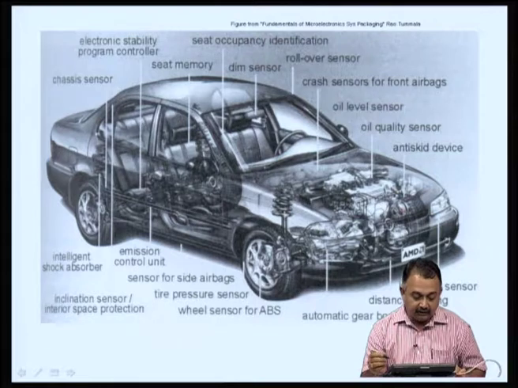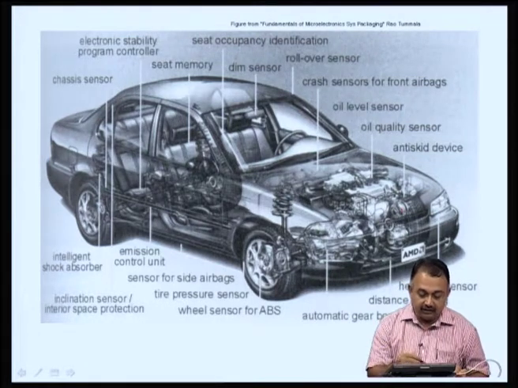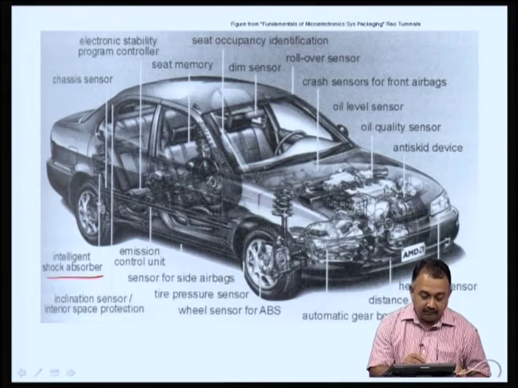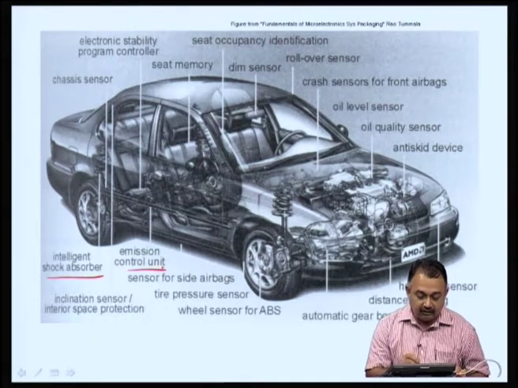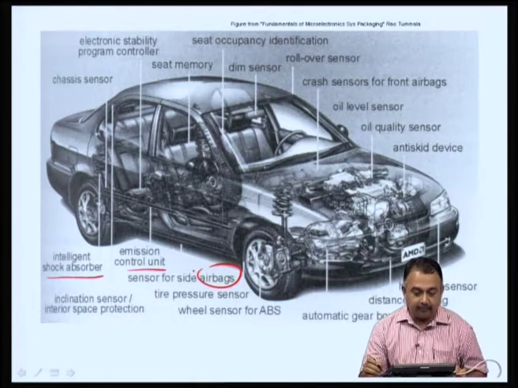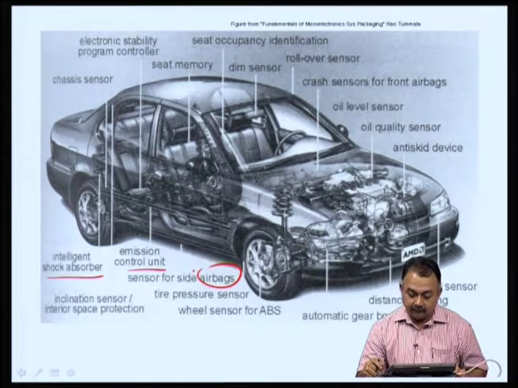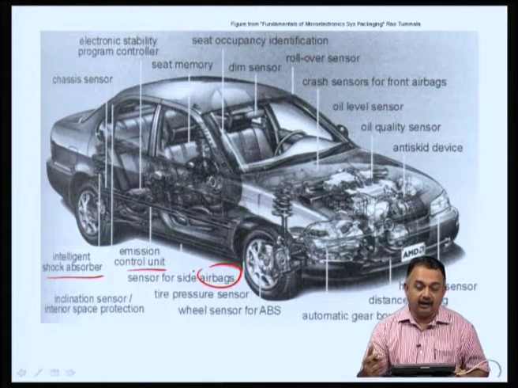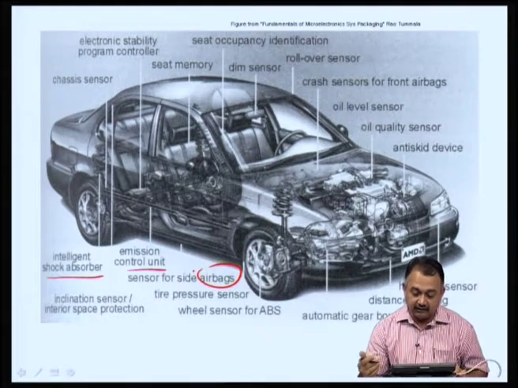For example, you can see information that needs to be displayed on the dashboard about the shock absorber, about the emission control unit, and safety regulations like airbags, which need to perform when there is an accident, which has a great impact on the car and affects the passengers.